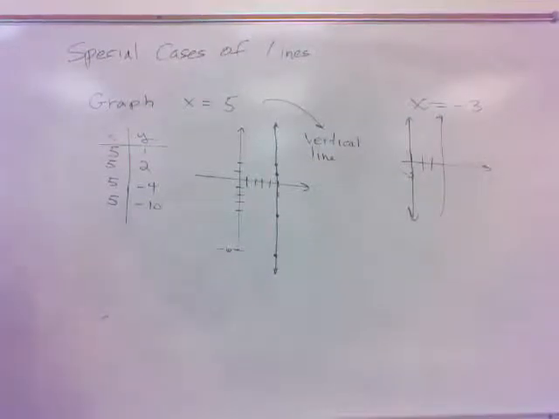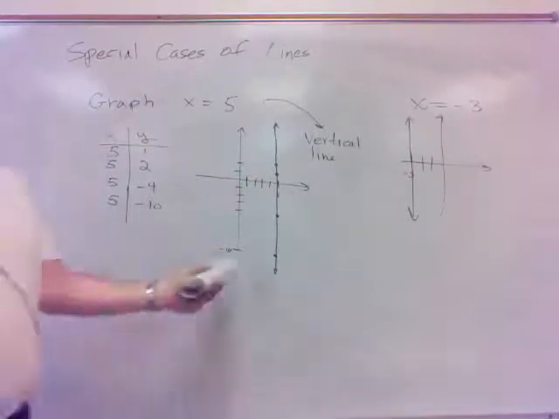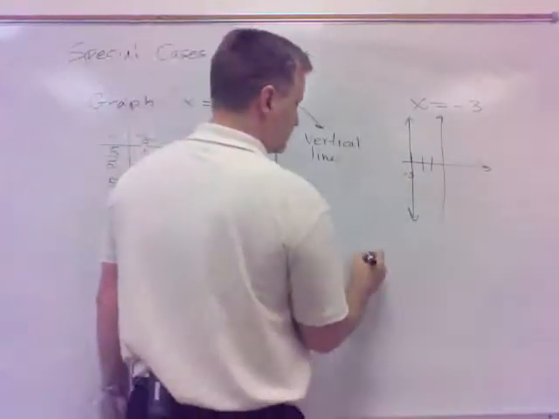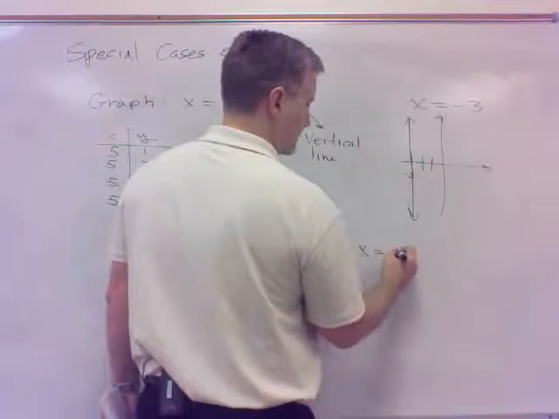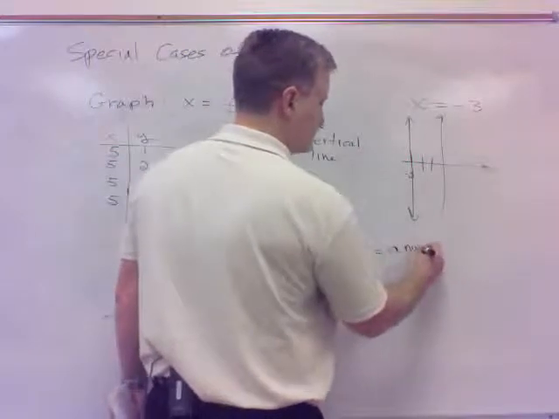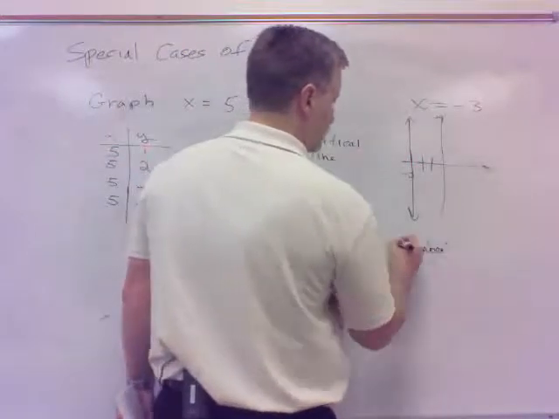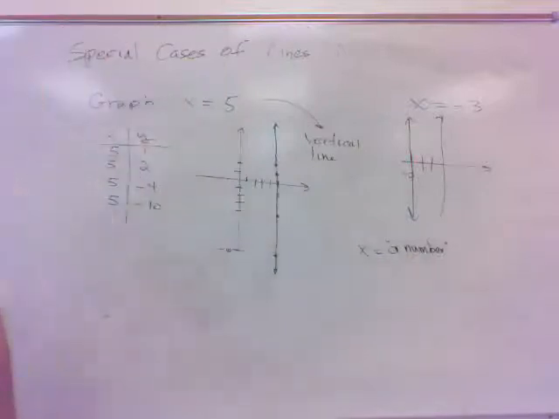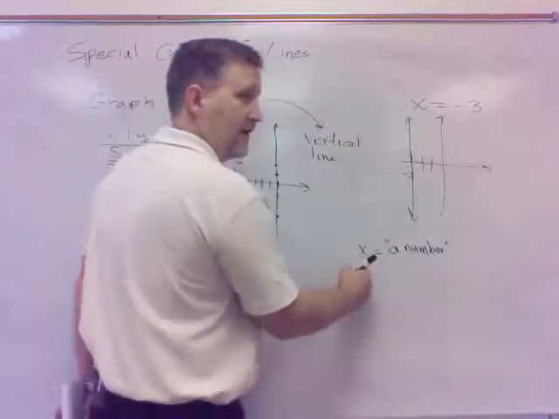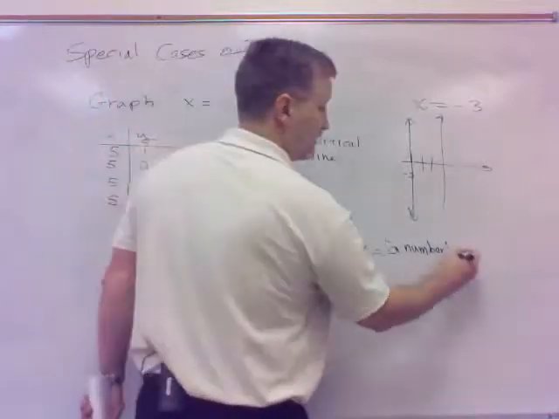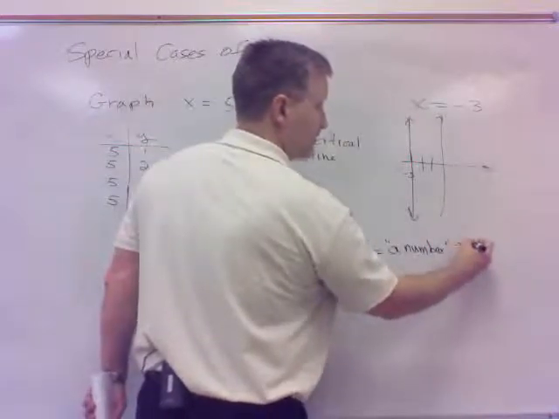Anytime you have x equals a number, or you can put your equation in that format, in other words, there's not a y variable in there, the graph is always going to be a vertical line.